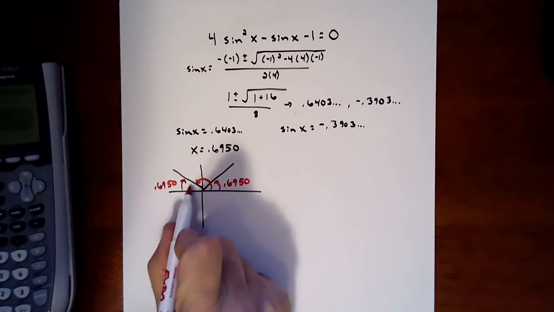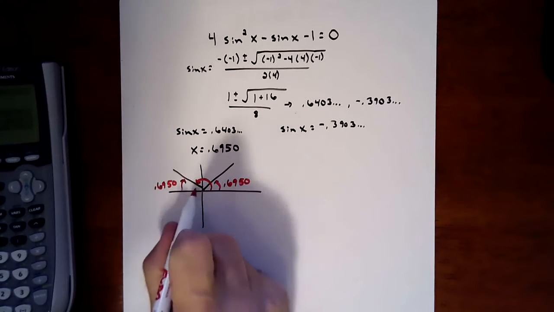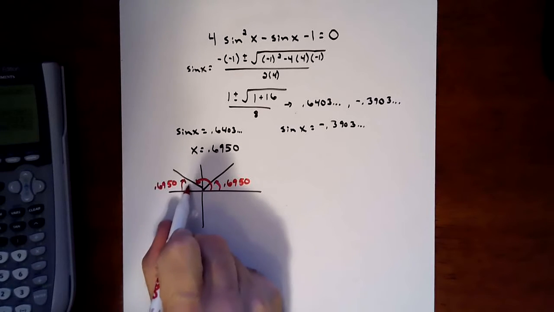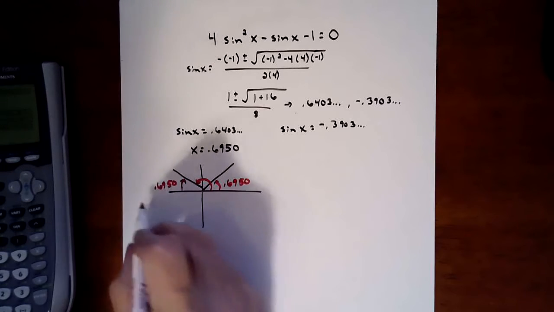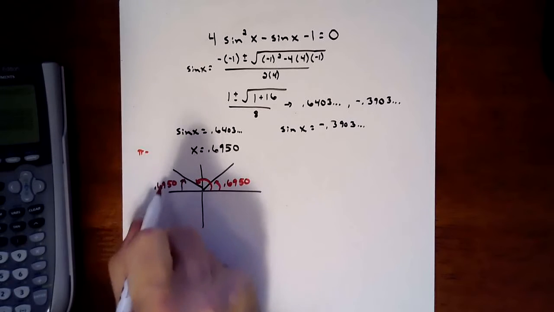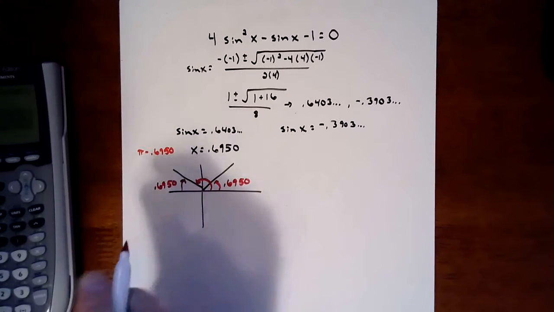To find this angle, I have to take pi minus this. It's just like if we knew this reference angle was 20 degrees, we would take 180 minus 20. Well, we know that this is pi, and I'm going to subtract back the radian. So this angle is going to be pi minus 0.6950.